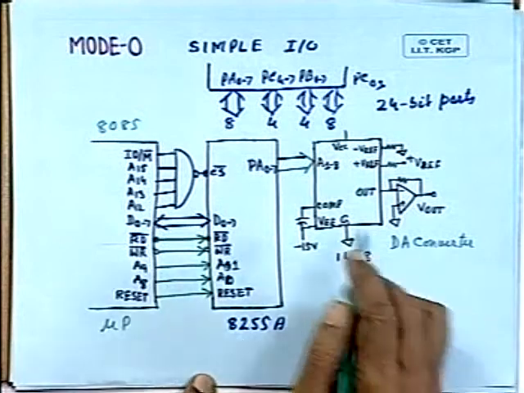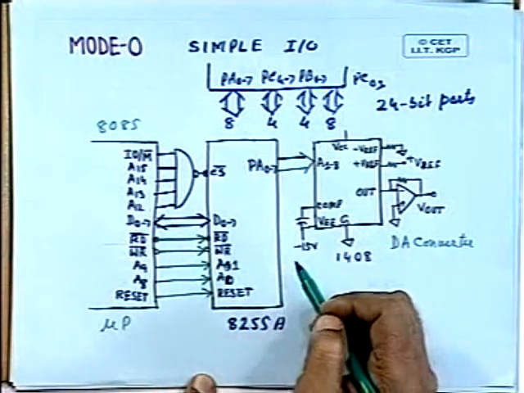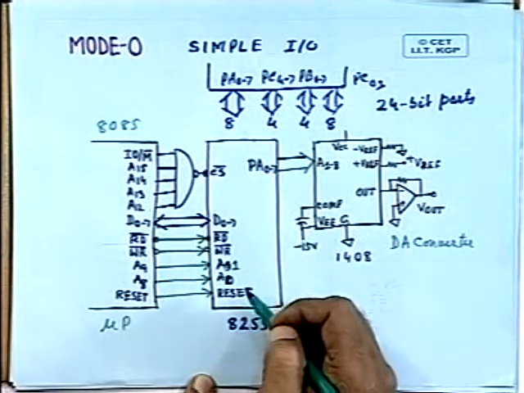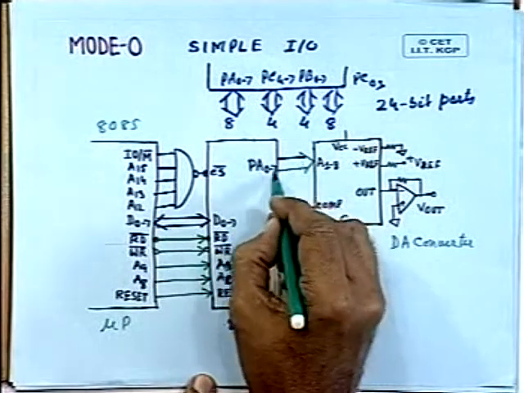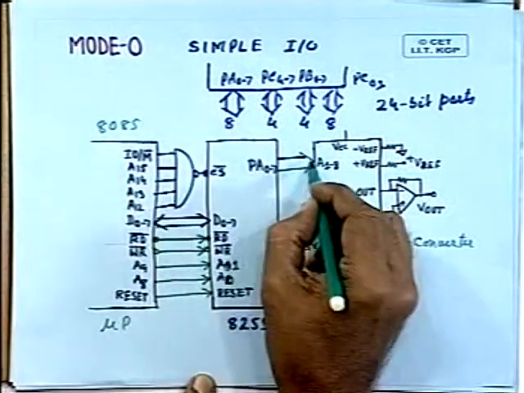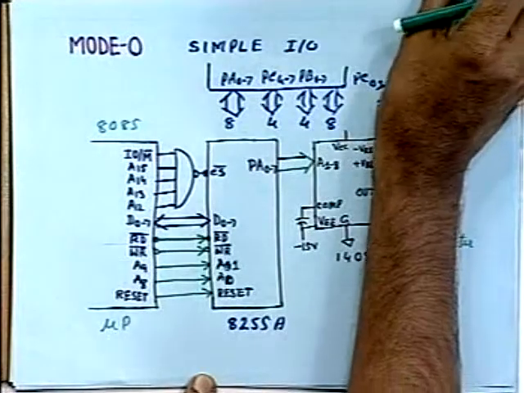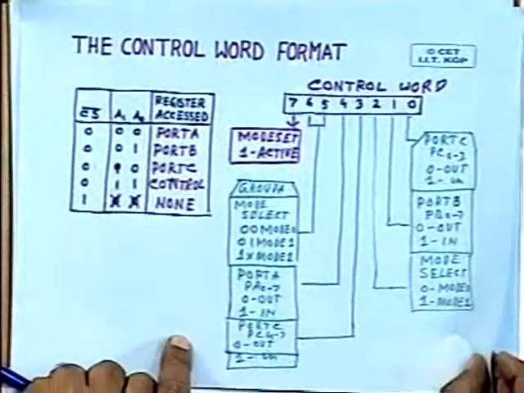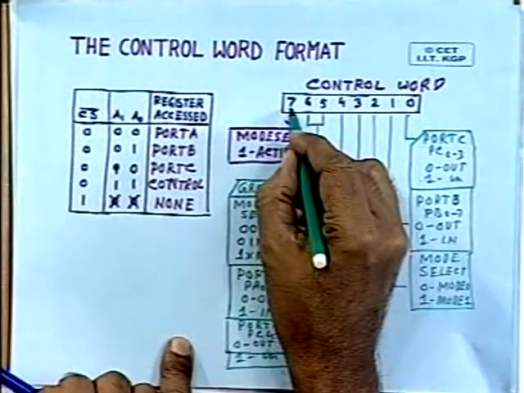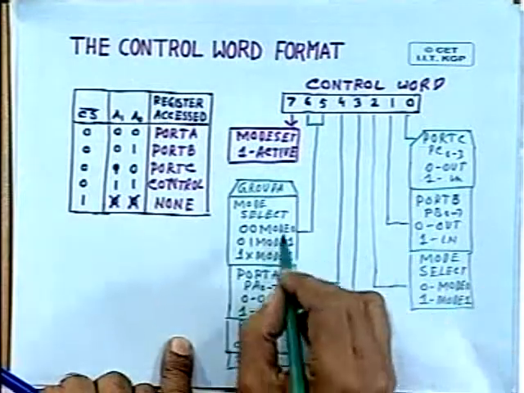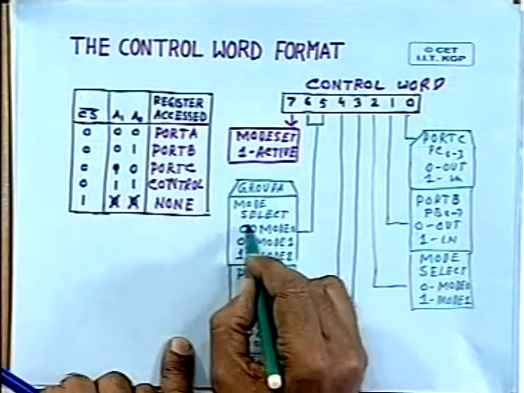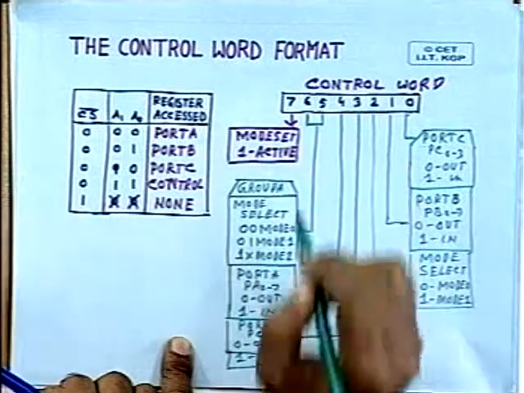First of all, after making this interconnection, you have to write a program to configure port A in mode 0 and as an output port. What has to be written in the code? First of all, this bit has to be 1, and it is in group A, so these two bits also have to be 0 0.